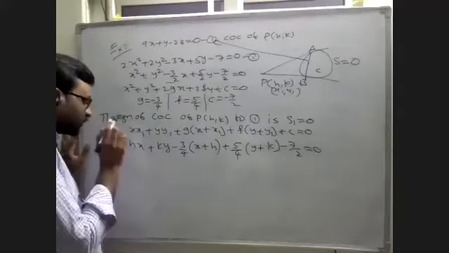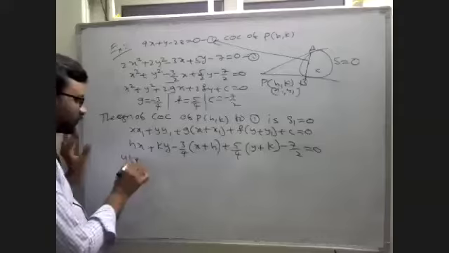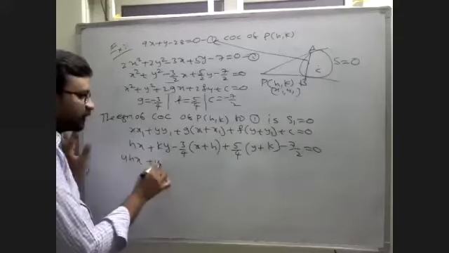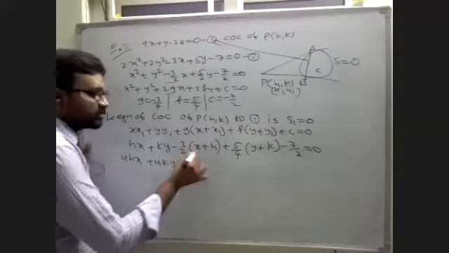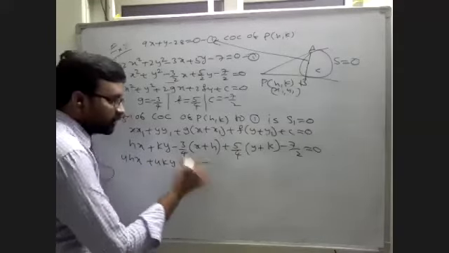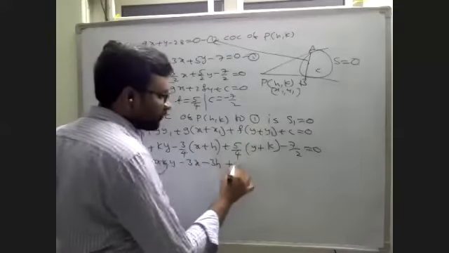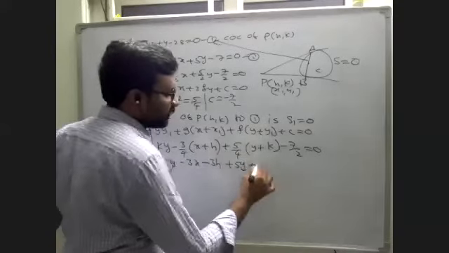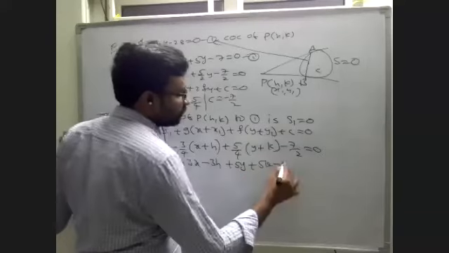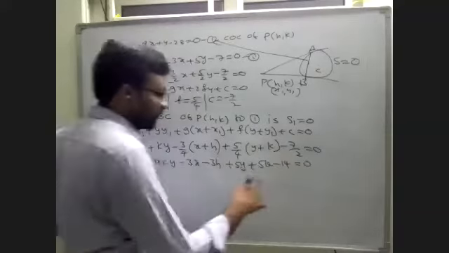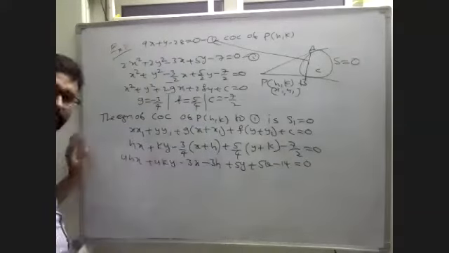Now this is 4hx, this is 4ky, this is minus 3 into x, minus 3x, this is minus 3 into h, minus 3h, this is plus 5 into y, 5y, and plus 5k, and minus 14 is equal to 0.